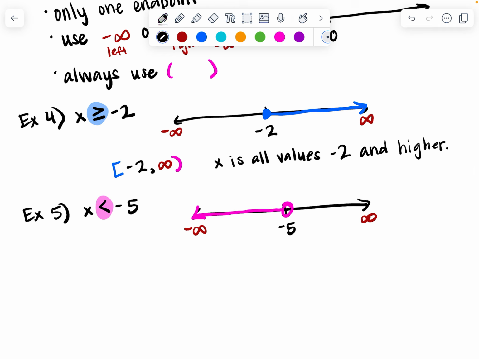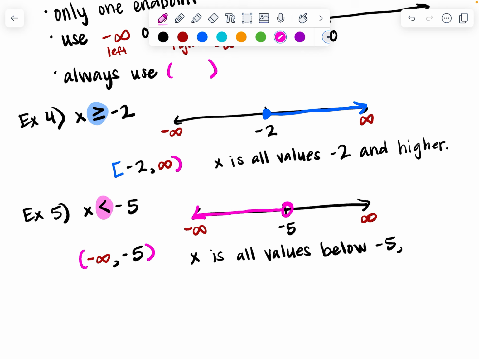So in my interval notation, I'll have parentheses and negative infinity on the left, negative 5 on the right, with parentheses. So I'm saying that X is all values below negative 5, not including negative 5.